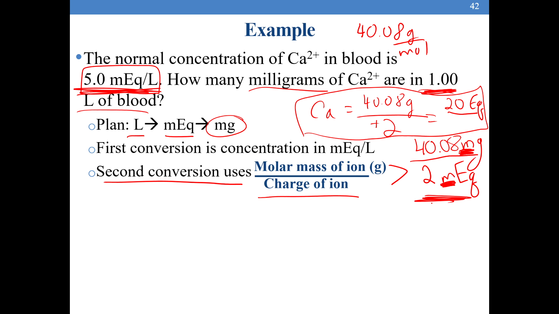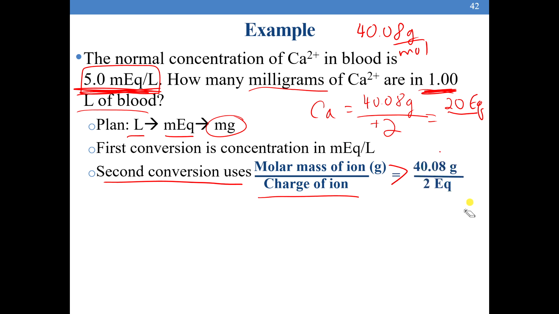And because I'm treating both the numerator and the denominator the same, I don't even need to change the numbers. So there's the value. And like I said, you can just stick the m in front of it just like that, and you don't have to change any of the numbers, which will help us go directly from milliequivalents to milligrams.